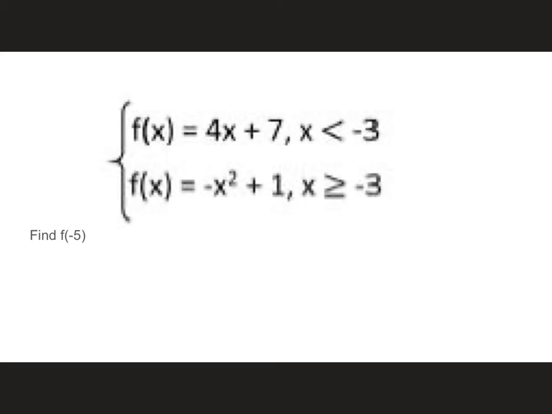One last example here. This looks intimidating. It's really not. So we want to find f of -5. Now this little bracket and this system here, this is the same function. If we were going to graph it, it maybe wouldn't be continuous, right? It's telling us when x is less than -3, we use this guy.